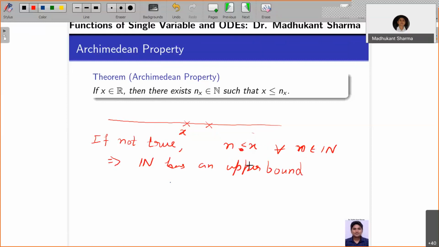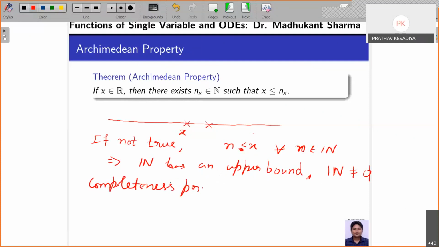So N has an upper bound. Also, N is non-empty. So N is a non-empty subset of the real line which has an upper bound. So then the supremum property, the completeness property of R.